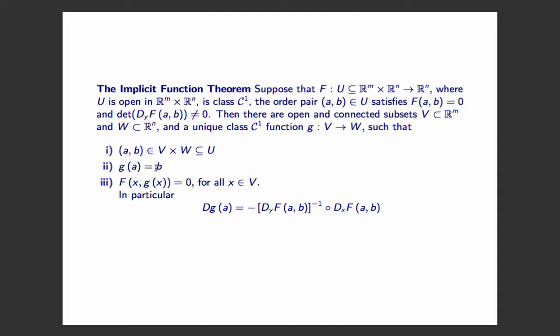In other words, G(a) equals b. And furthermore, G is implicitly defined by f. In other words, f(x, G(x)) is 0 for all x in V.